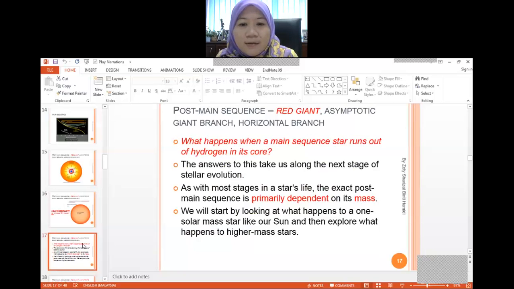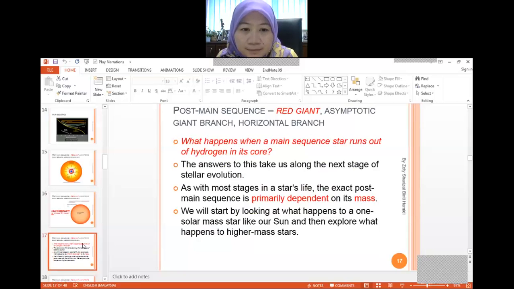It will go to another stage of the post-main sequence. As with most stages in a star's life, the exact post-main sequence path is primarily dependent on the mass. So it is really based on the mass. We will look through the sun, and then explore what happens to the higher-mass stars.